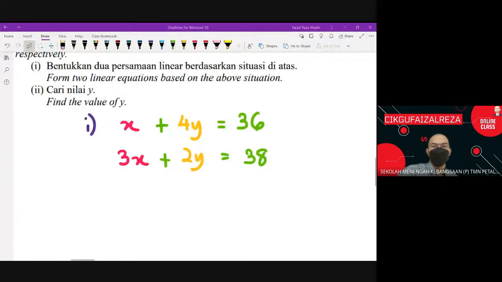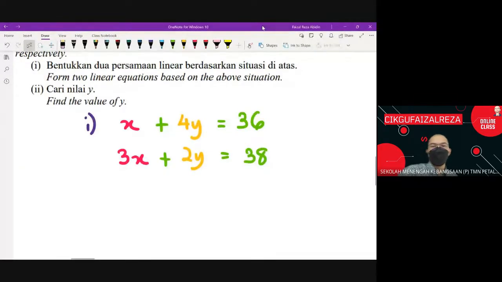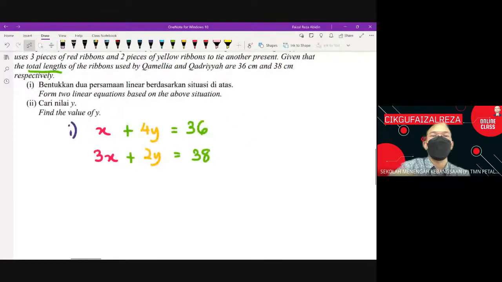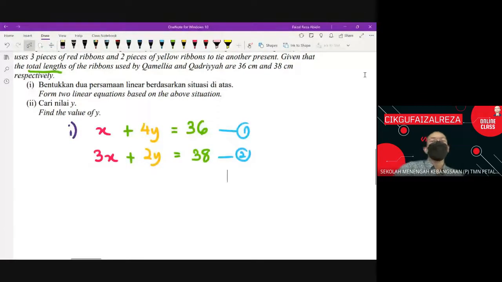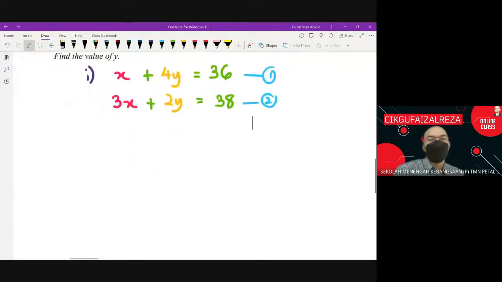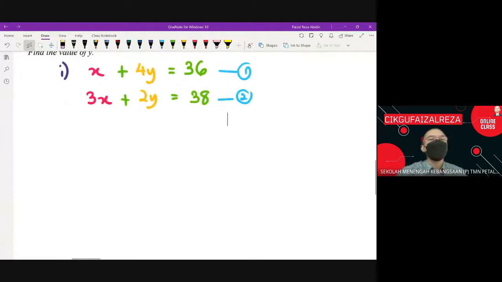Oh, sorry. Wait, not this one. Your friend wants to do substitution. This is the first equation, this is the second equation. I'm going to show both of the methods, starting with the first one your friend asked for, substitution. If you look over here, you want to find which unknown?